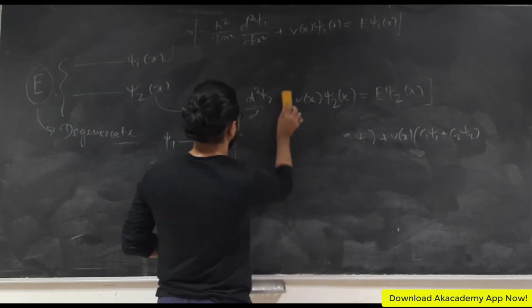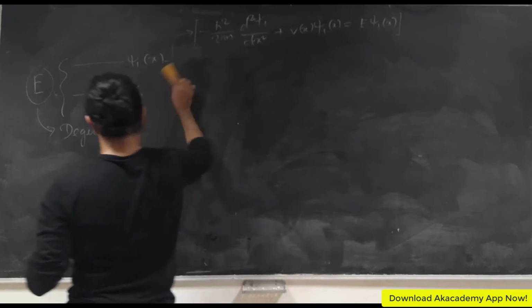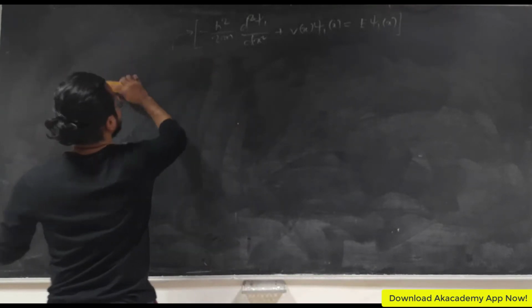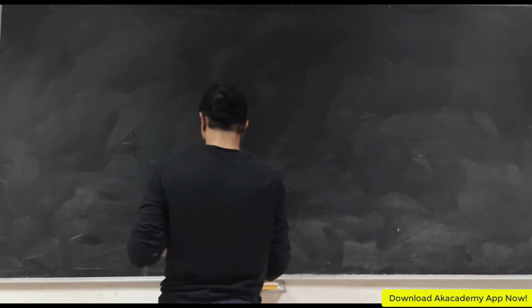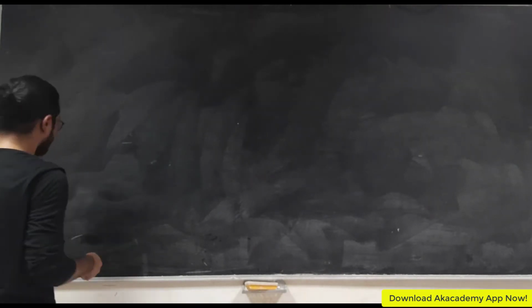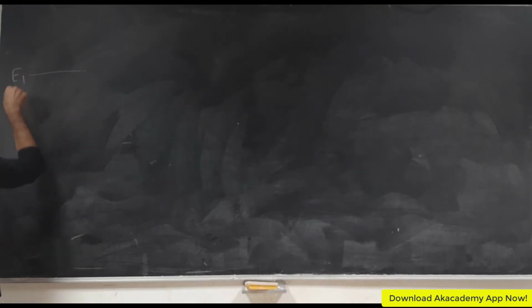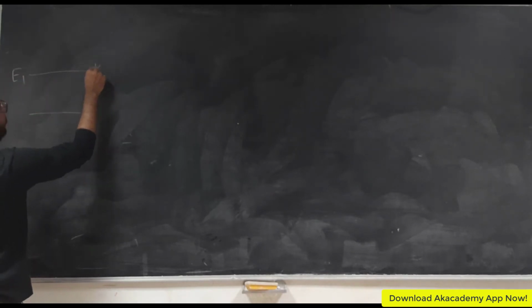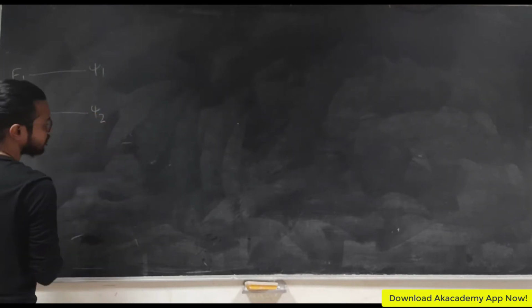Okay, the next on the list is the orthogonality of the Schrodinger equation solutions. Let's suppose we have a potential and a state with energy E1 with wave function psi1, and energy E2 with wave function psi2.